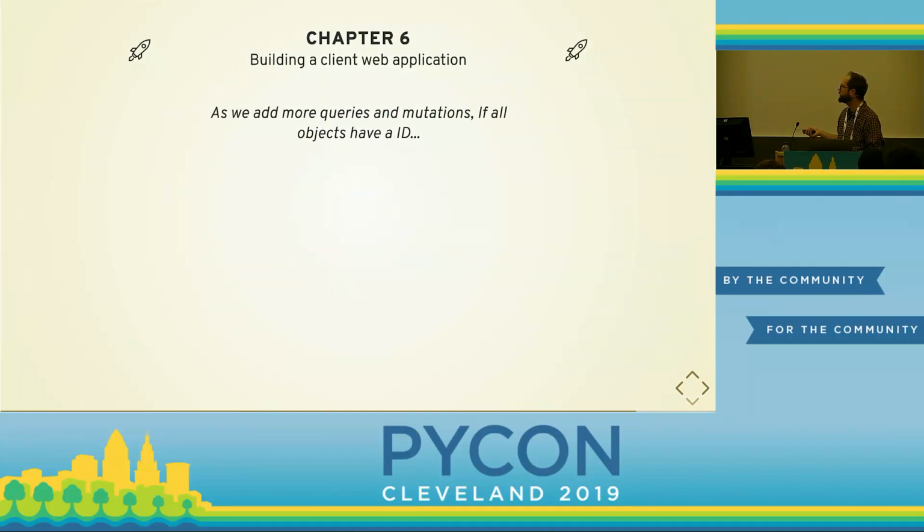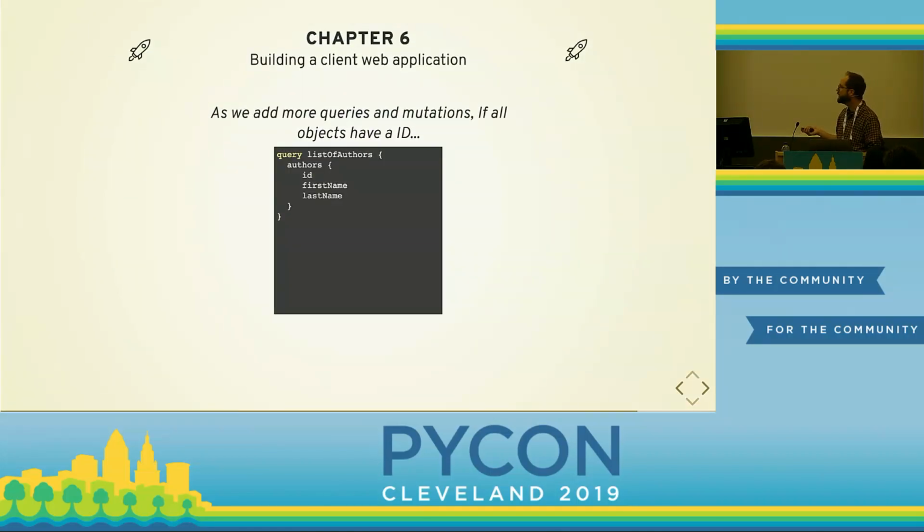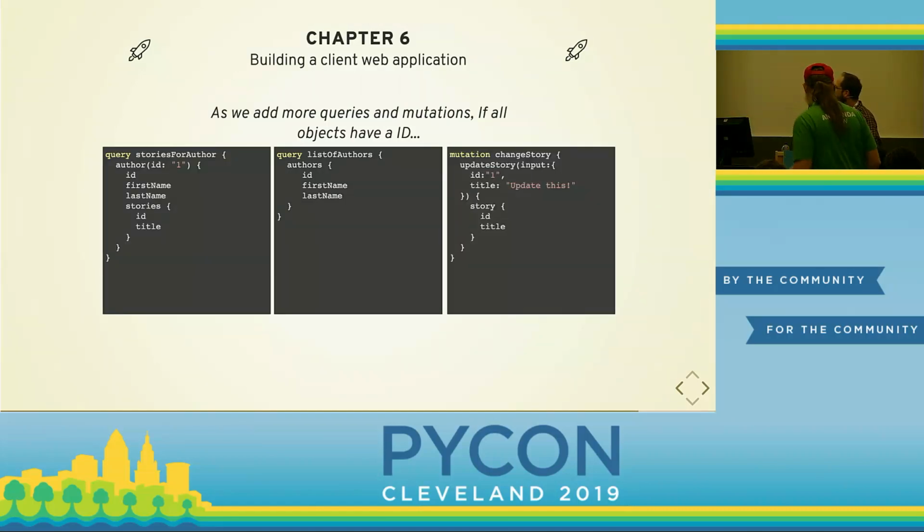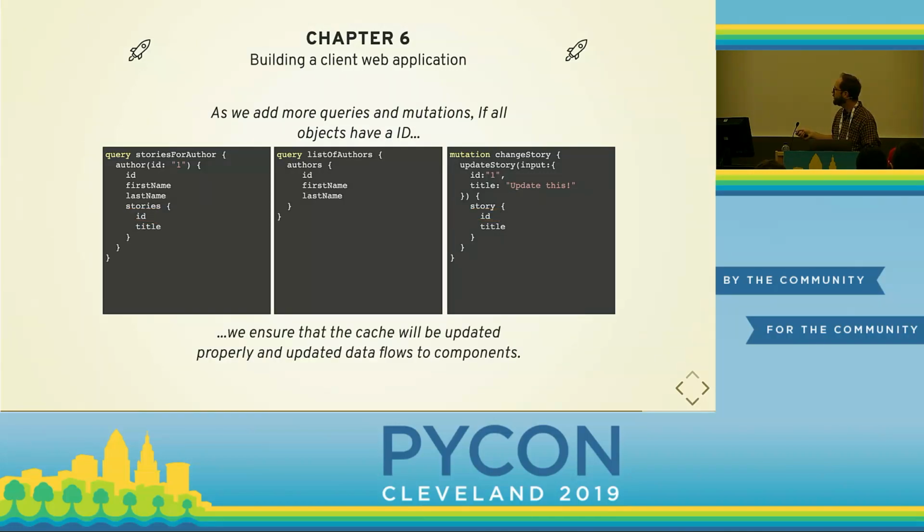So as we add more queries and mutations, if all objects have an ID that's consistent, using something like our global unique ID that we were talking about before, like we have an author ID between these two queries that's shared, a story ID that's shared between these, where we're updating a story title, then we know that the cache will be updated because it's going to match when it updates that key based on the ID.